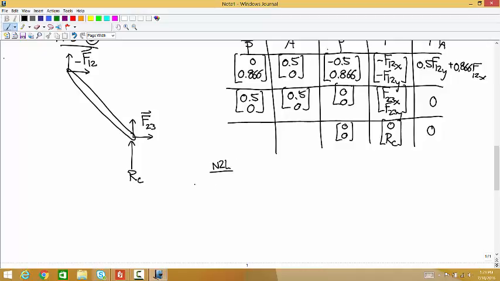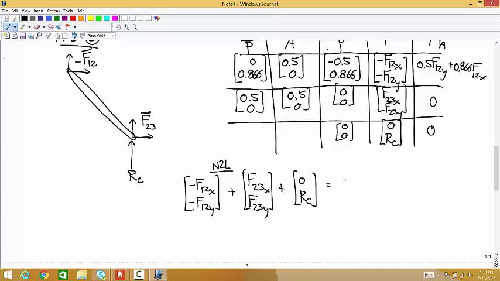So Newton's second law says negative F12x, negative F12y, plus F23x, F23y, plus 0, RC is equal to zeros. And the moment equation says 0.866 F12x plus 0.5 F12y is equal to 0.